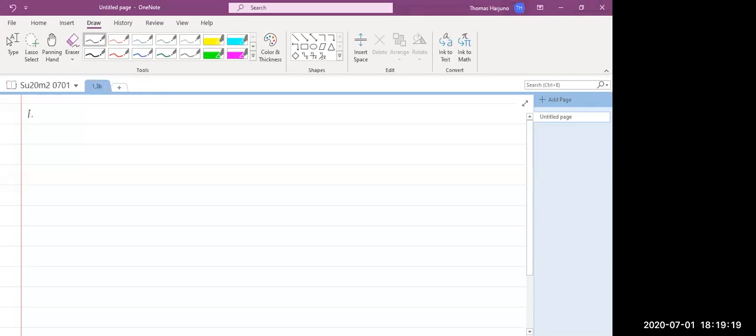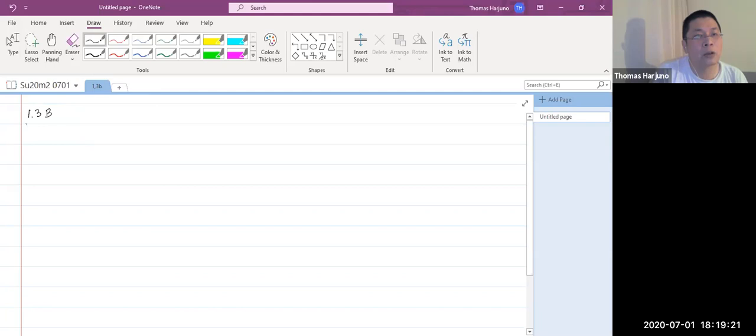So this is 1.3, the second part today, where we will do further work with the rational expression. I think yesterday I called it part C, rational expression. Yesterday we have done multiply, divide, add, subtract.